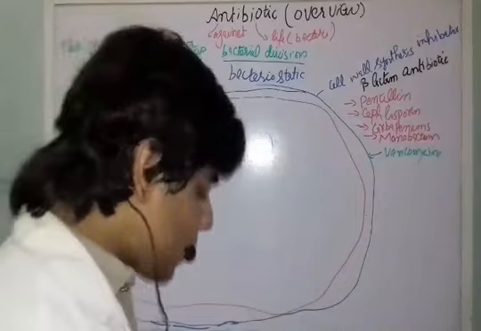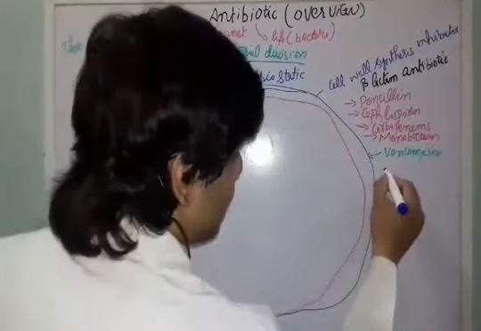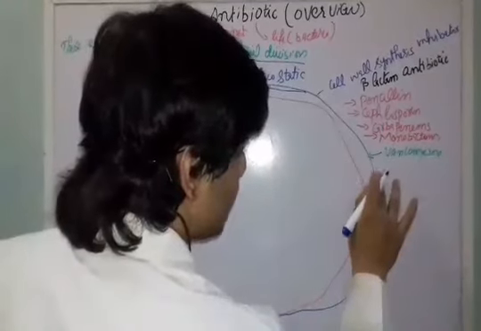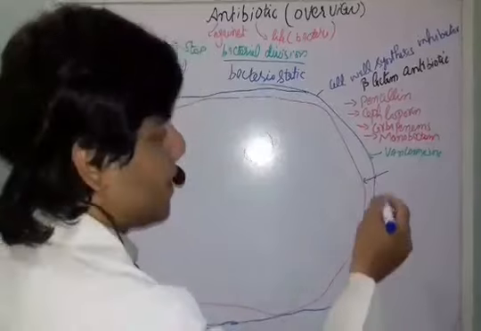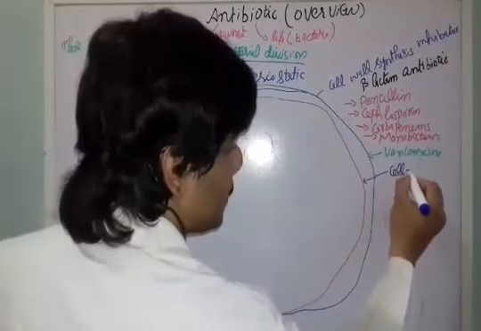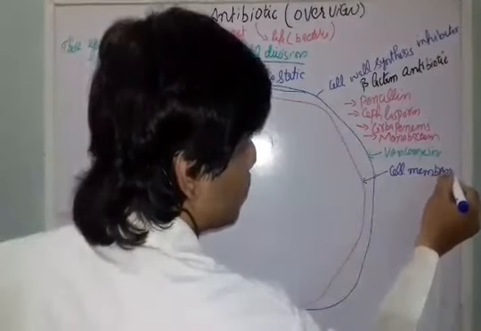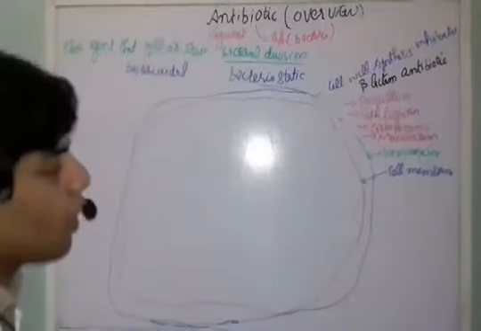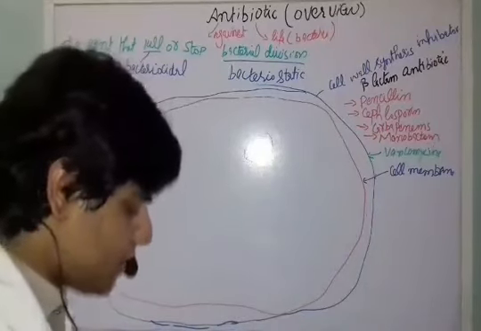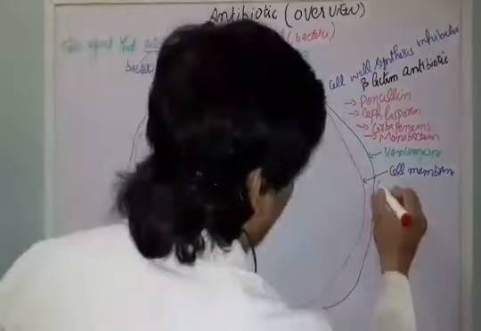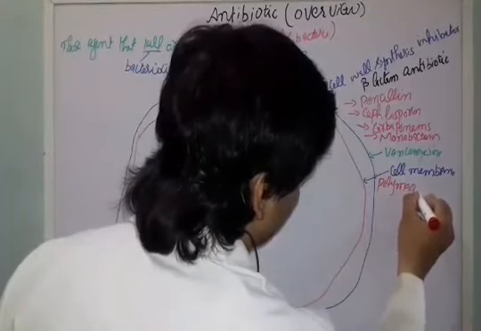Now there is another target that antibiotics can act on, and we call that the cell membrane. Sorry, not cell wall, cell membrane. This red one represents the cell membrane. The antibiotics which can interfere with the cell membrane, we usually call polymyxins.